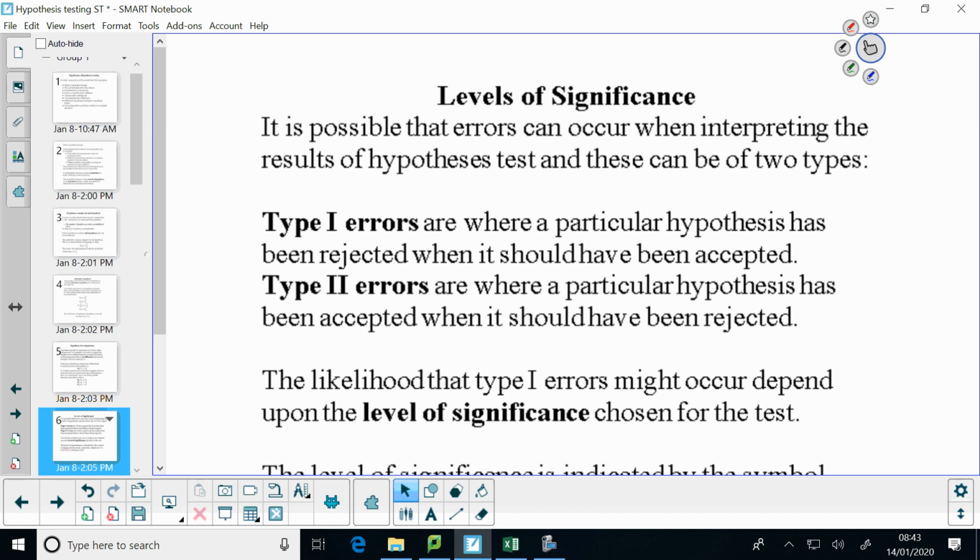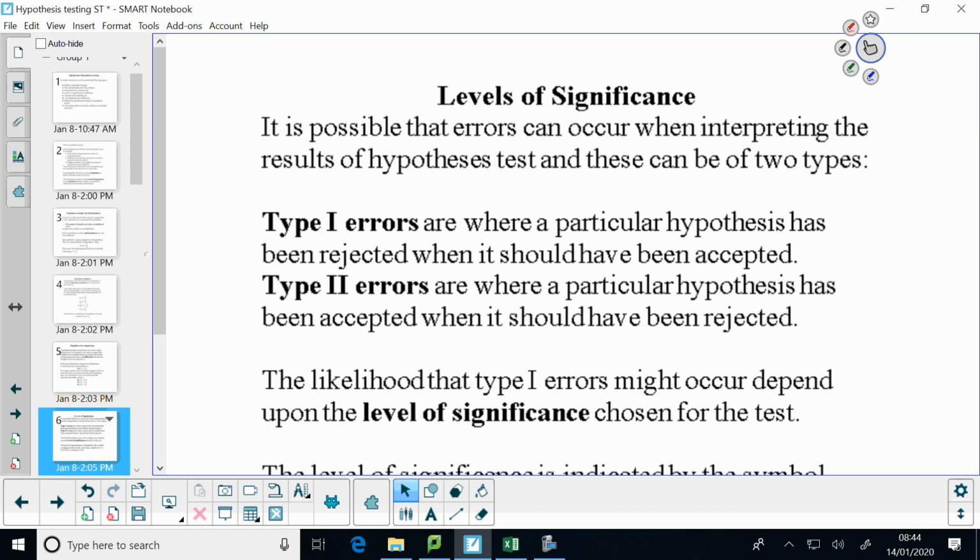The likelihood that type 1 errors might occur, so that's where a particular hypothesis is rejected when it should have been accepted, depends on the level of significance chosen for the test.